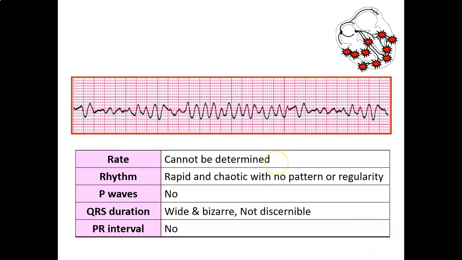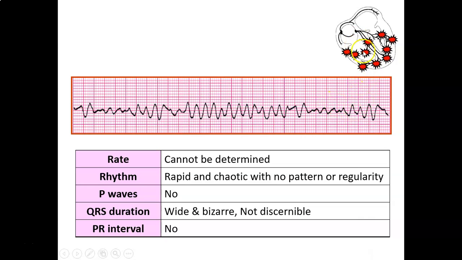The reason is that it varies very fast, from 60 to 200, 100 to 250, 300 to 75. So it's such variable heart rates that even the monitor is unable to determine what the heart rate is. So the rhythm is completely bizarre, completely irregular. No P waves, and QRS complexes are wide.